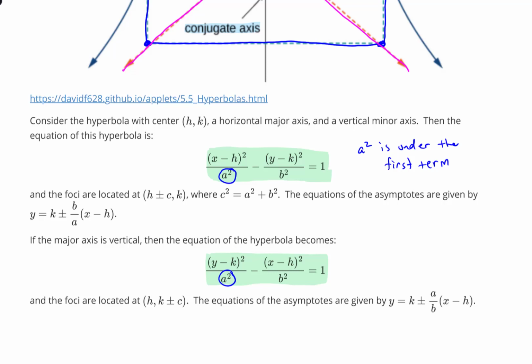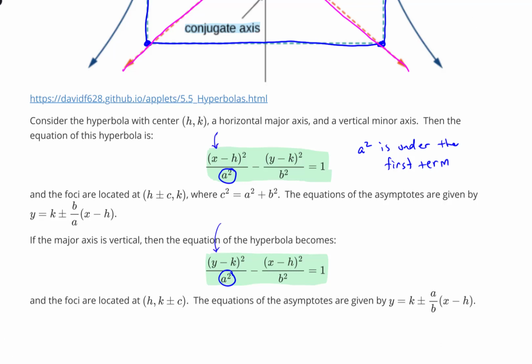Here, it doesn't matter if a squared is bigger than b squared. There's no relationship there. A squared could be the larger of the two, or it could be the smaller of the two. But it tells me which direction my hyperbola is opening based off of which variable comes first.